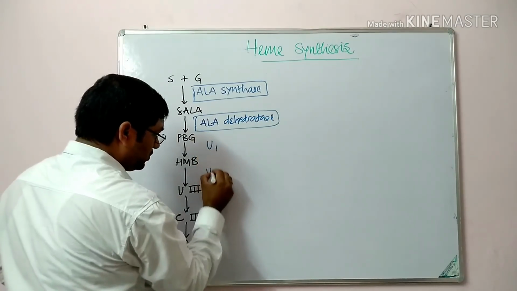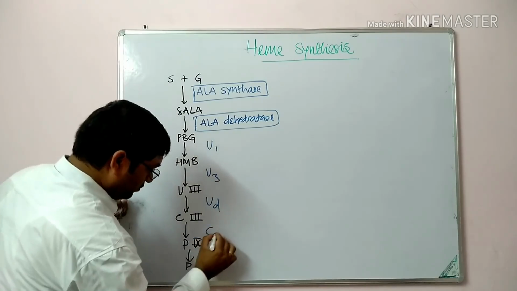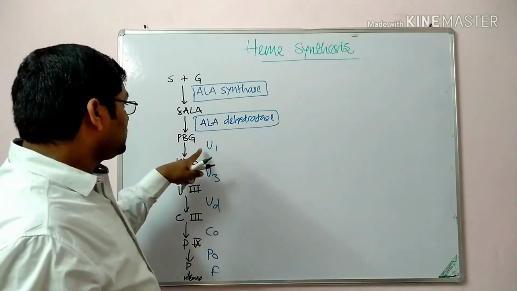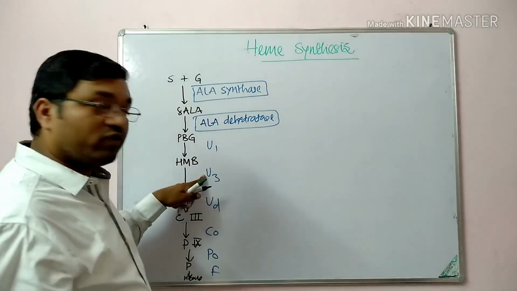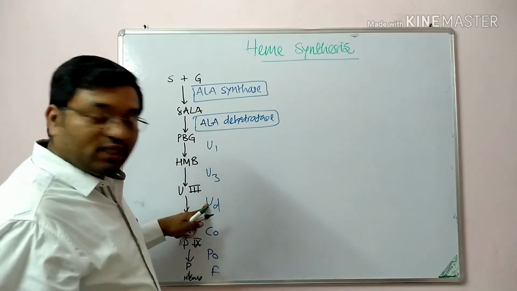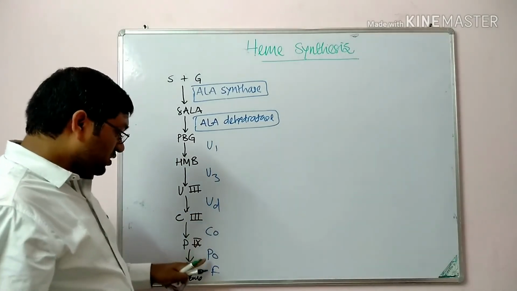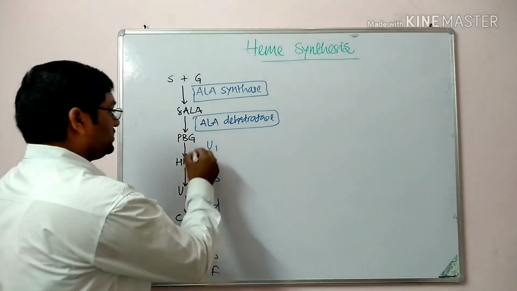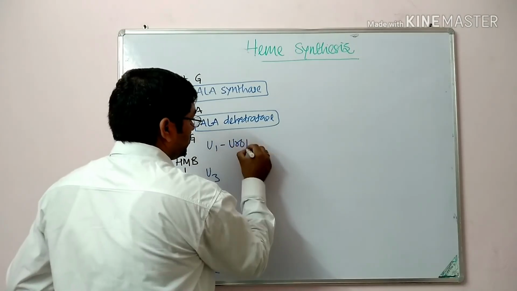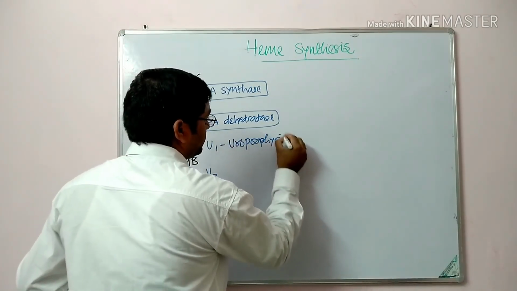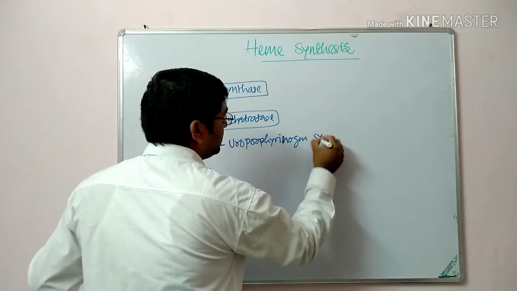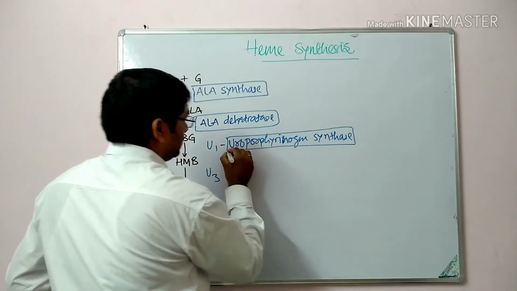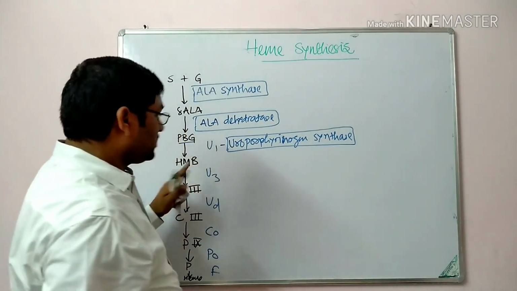Then U1, U3, UD. These are the enzymes, that is uroporphyrinogen I synthase, then uroporphyrinogen III cosynthase, uroporphyrinogen decarboxylase, then coproporphyrinogen oxidase, then protoporphyrinogen oxidase, and ferrochelatase. These are the important enzymes. Uroporphyrinogen I synthase, the other name is porphobilinogen deaminase or hydroxymethylbilane synthase.